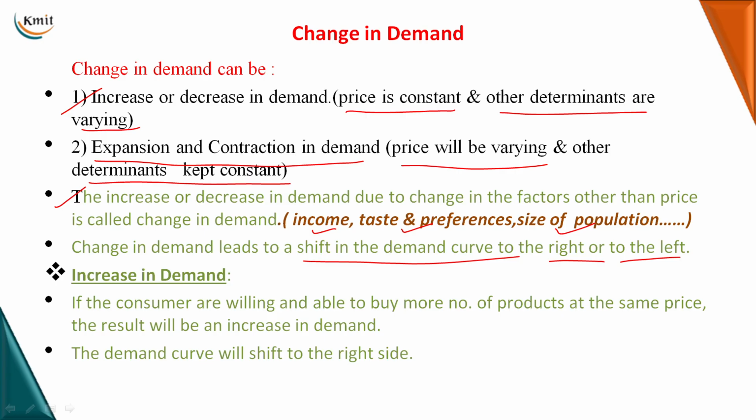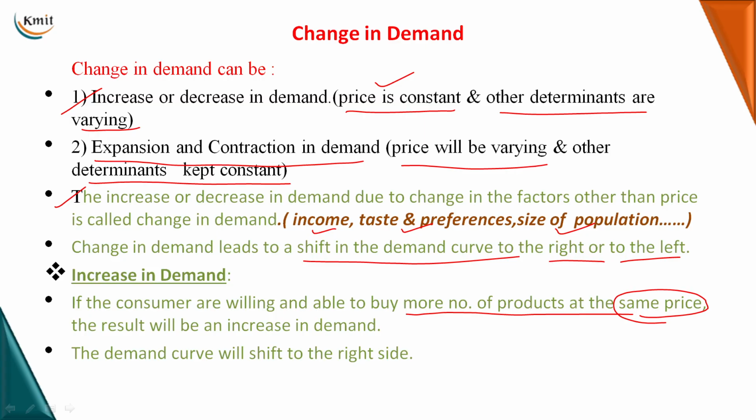Right? So increase in the demand. When the demand curve is shifting to either left or right, there will be either an increase in the demand or a decrease in the demand. An increase in the demand occurs if the consumers are willing and able to buy more number of products at the same price, that is, price remaining constant.